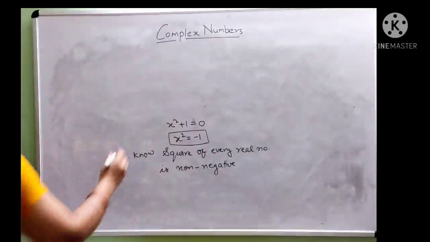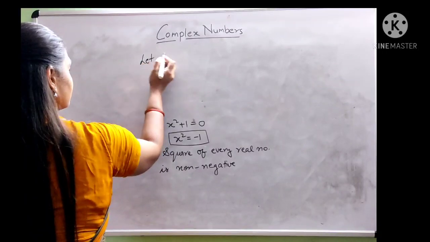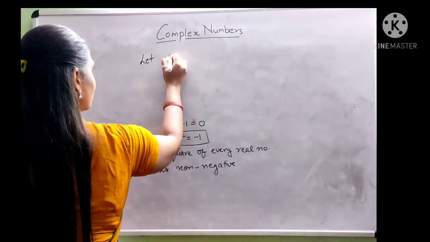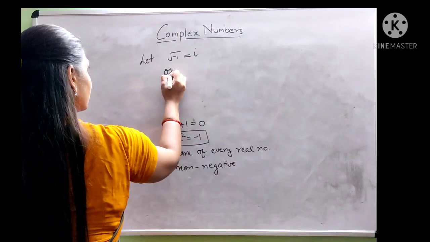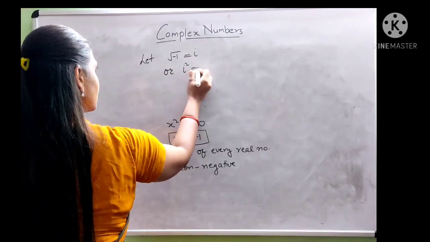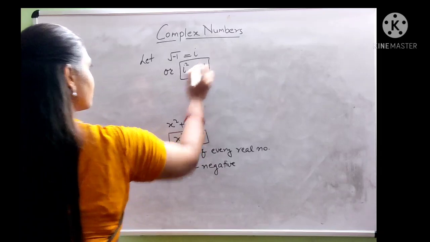Let under root minus 1 is equal to i, or we can write i square is equal to minus 1.